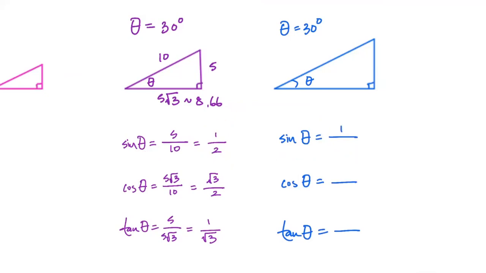So sine is going to be 1/2. Cosine is going to be √3/2. Tangent is going to be 1/√3. That's it. I don't even need to know how big the triangle is or how small the triangle is. As long as I know the angle measure, I know what the sine, cosine, and tangent are. Okay.